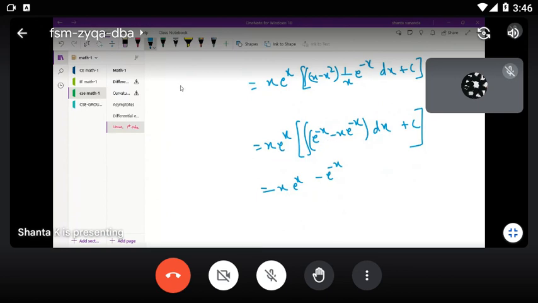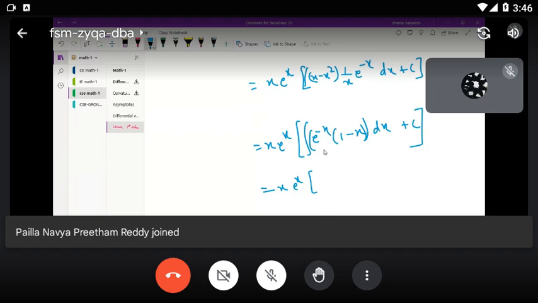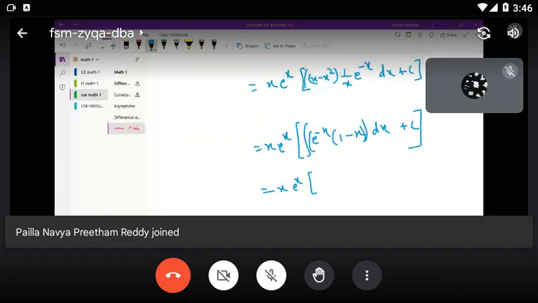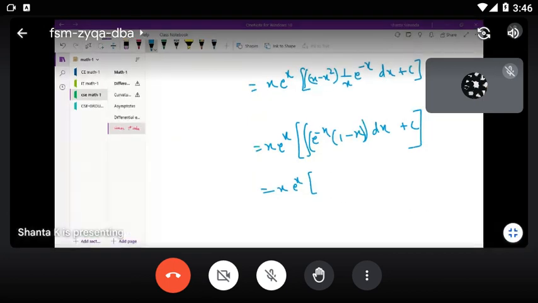If you take common, it will be adjusted here. So let's write this in this form, 1 minus x, e power minus x. And here we will have 1 minus x. Find out how much this will be. Solve it and tell me.